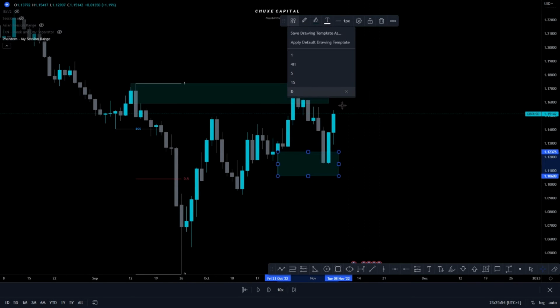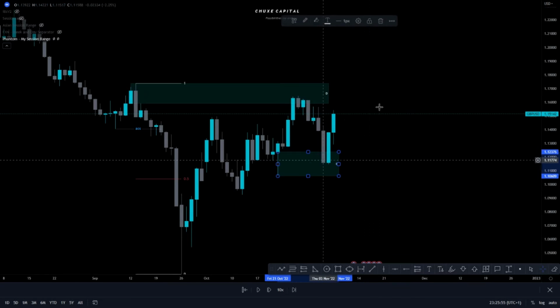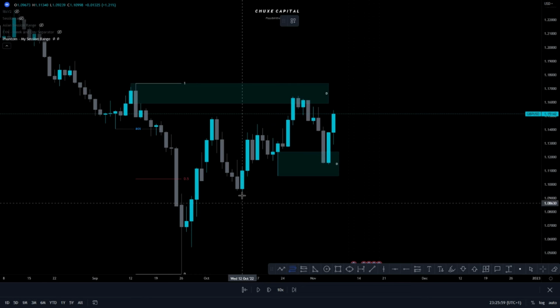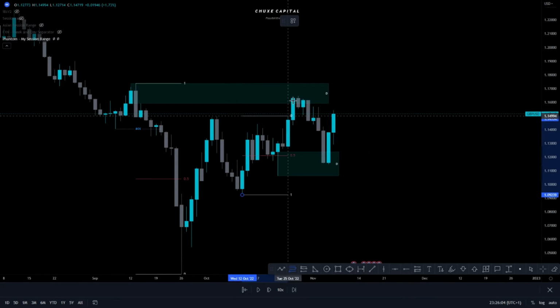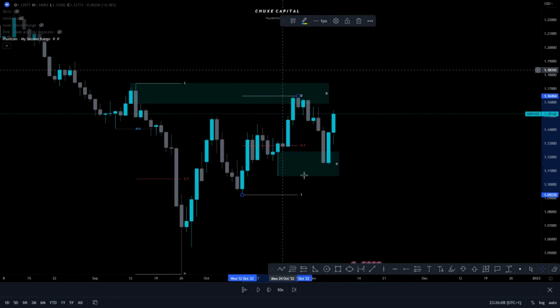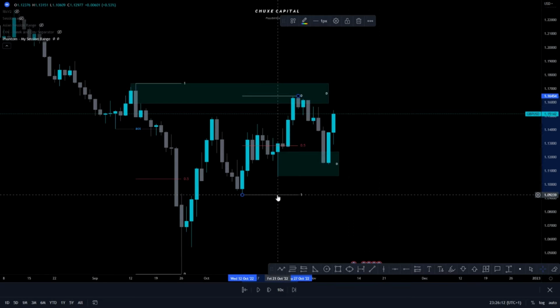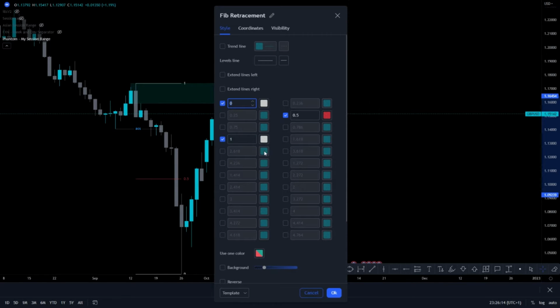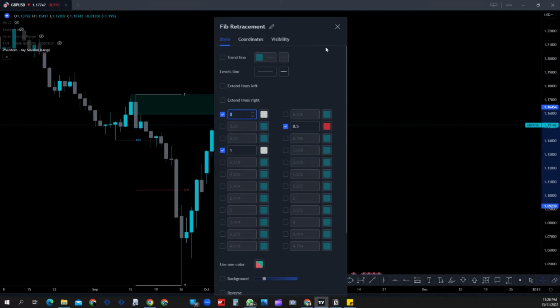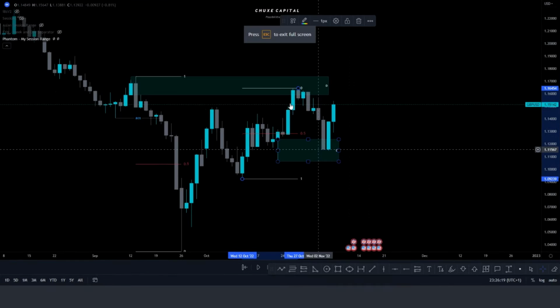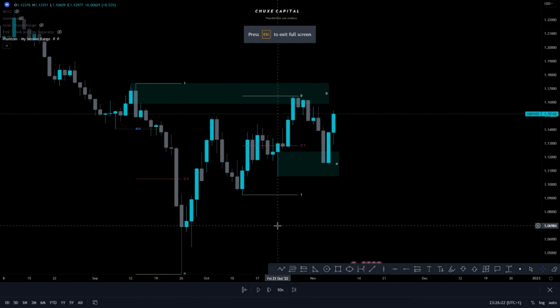Price tapped into that and gave this reaction. We had this range right here. Price came from this internal range that price came into.